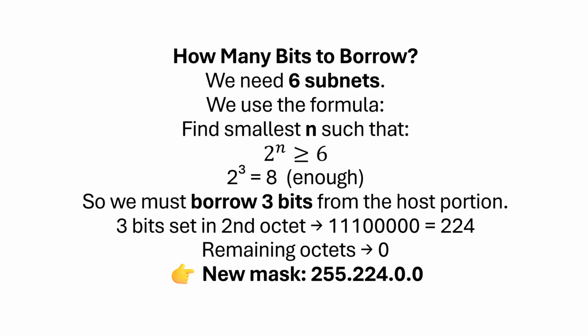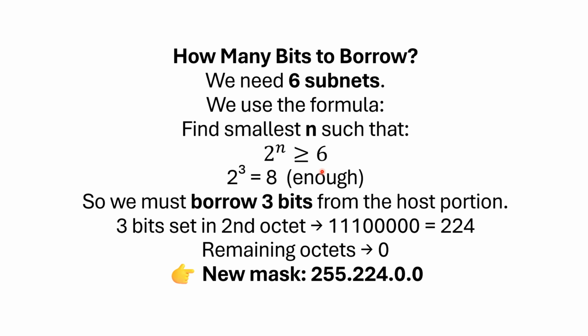How many bits to borrow? Now we need 6 subnets. How many bits do we need to borrow from the host section to have these 6 subnets? This is the formula: 2 to the power n must be equal to or greater than the number of subnets that we need.